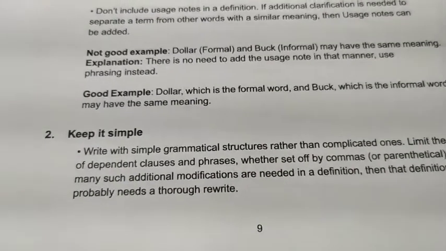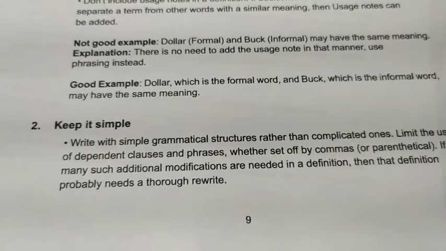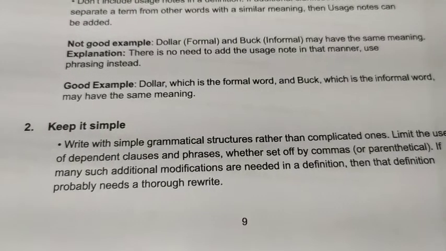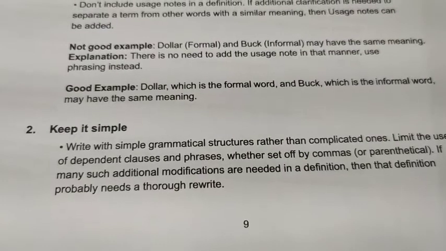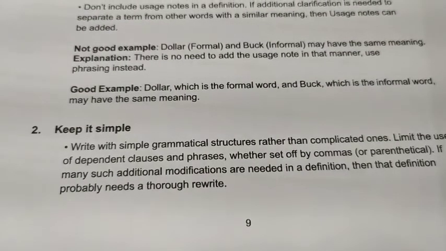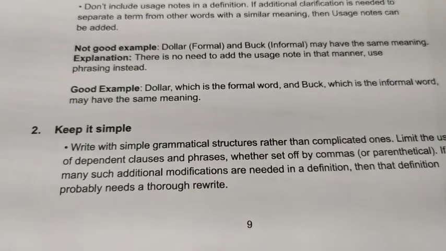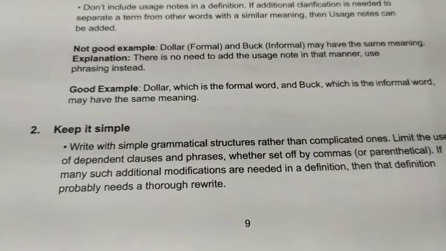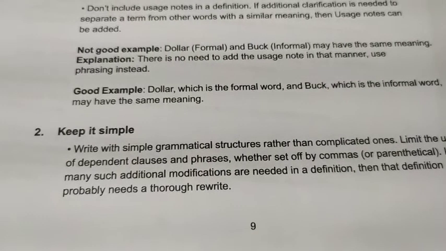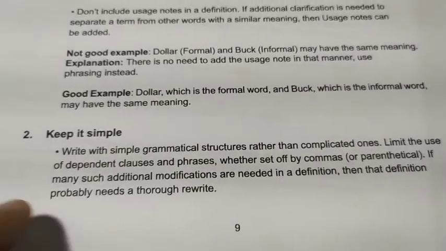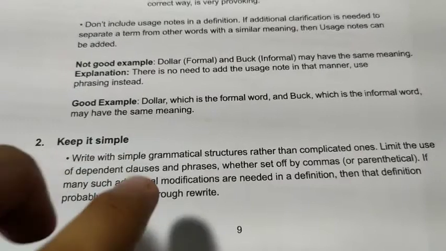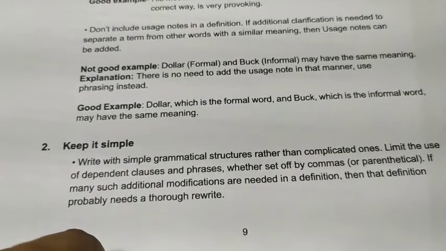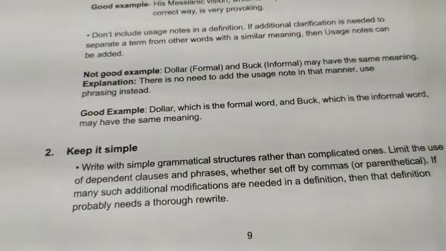So to keep it simple, write simple grammatical structures rather than complicated ones. Limit the use of dependent clauses and phrases, whether set off by commas or parenthetical. If many such additional modifications are needed in a definition, then that definition probably needs a thorough rewrite. Here, keep it simple because the first goal of making a definition is to give information.